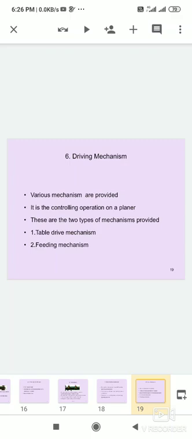2 sets of fast and loose pulleys are mounted on the driving shaft. Fast pulley is keyed to the shaft, while loose pulley is free to rotate on the shaft. The smaller fast pulley is used for backward motion of the table and is connected by open belt drive.